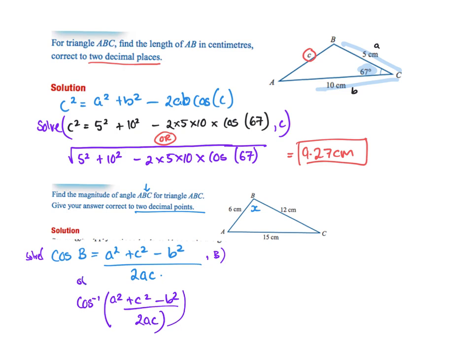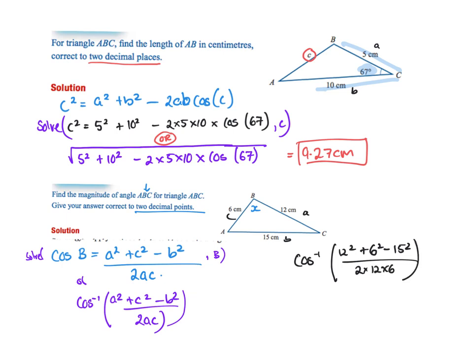I'm going to use the straight way. When I find the answer, it's going to be inverse cos of a, b, c, so it's 12 squared plus 6 squared minus 15 squared over 2 times 12 times 6. Just going to write it that way so you know the formula.